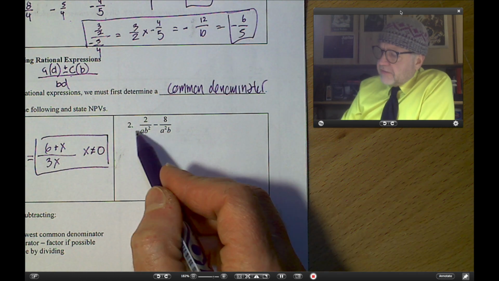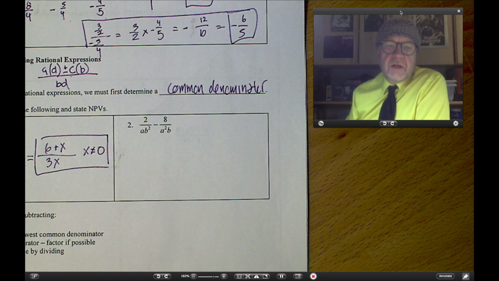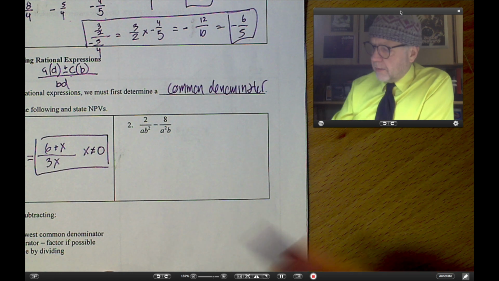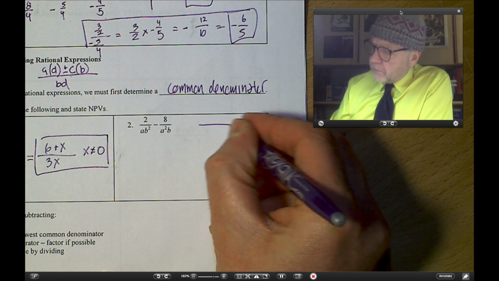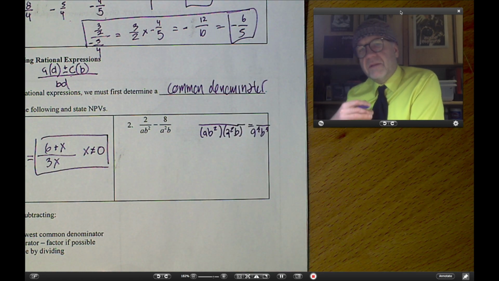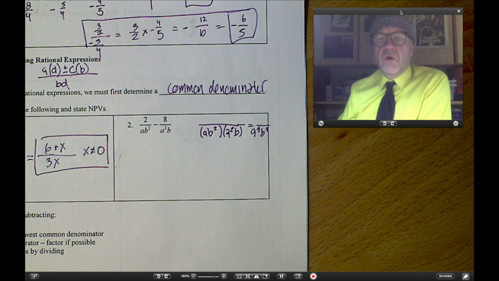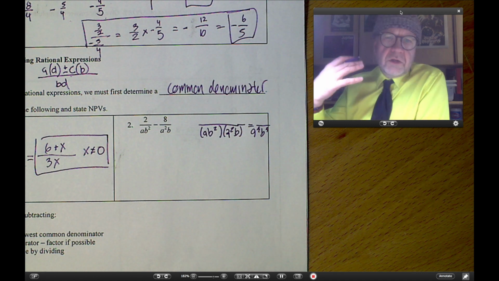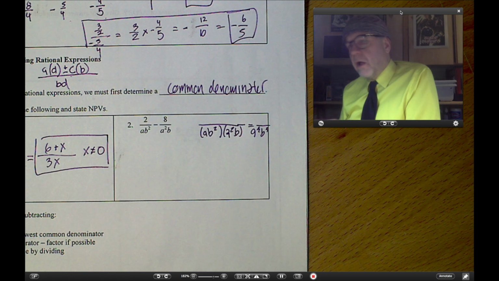So you have to ask yourself what the common denominator is between b squared and a squared b. Now, one way to get a common denominator is simply to multiply ab squared. That will always work, but you make a little bit more complicated expression right from the beginning, which you will then simplify, and it'll all sort out in the end.